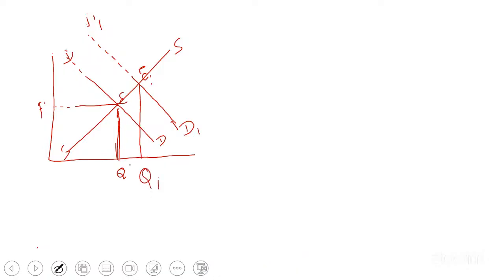Quantity increases. Price also increases. Can you see this? Price increases. Quantity increases. You get a new equilibrium point.